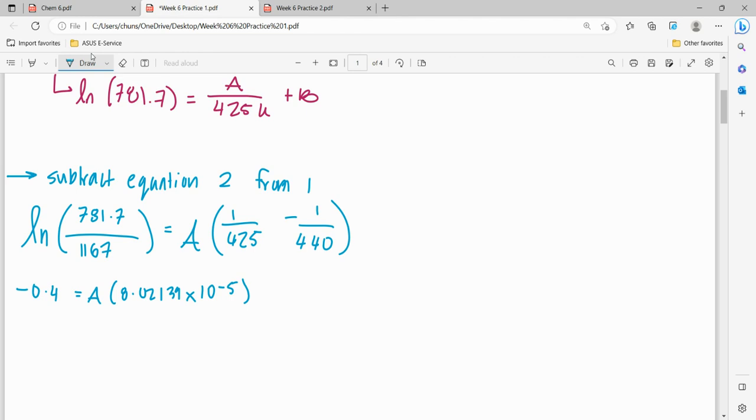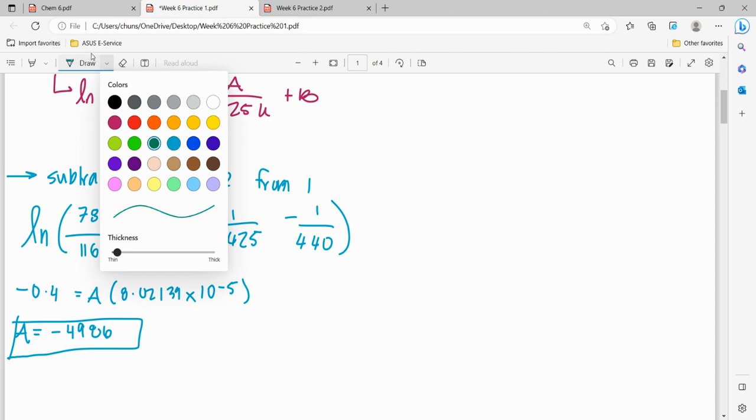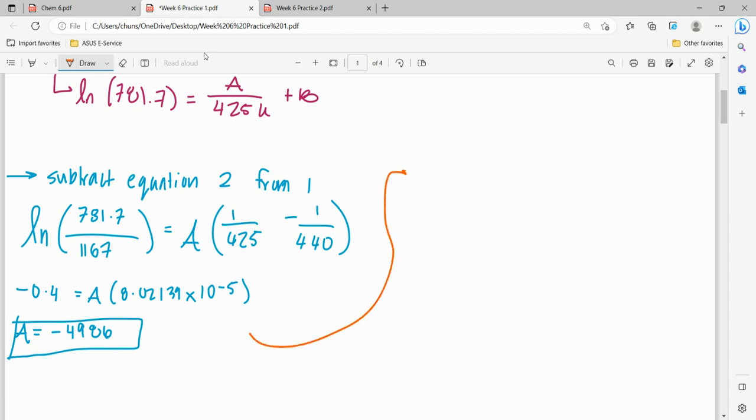We take our negative 0.4 and divide it by this number, and that gives us A is equal to negative 4,986. So that is our first coefficient done. Now, using this value, we're going to plug into either 1 or 2 to find our B.